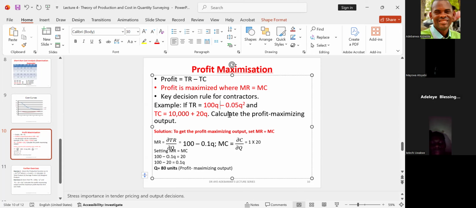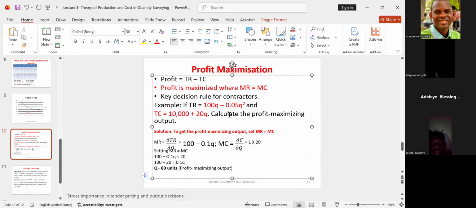And that will be 100 minus 0.1Q equals 20. So from there, you collect like terms: 100 minus 20 is equal to 0.1Q, because minus 0.1Q, when it crosses to the other side, will be 0.1Q. So it will now give you Q is equal to 80 divided by 0.1. This also is not correct.